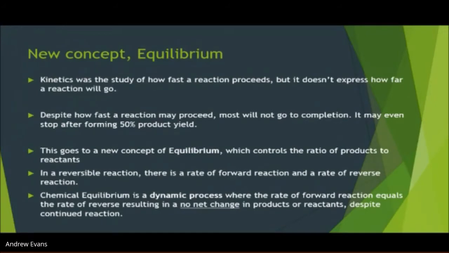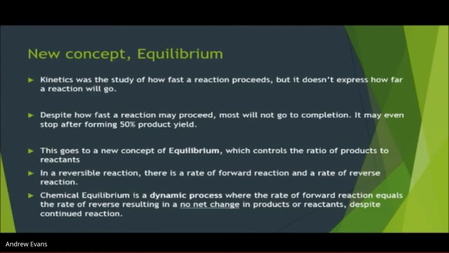Essentially, the forward reaction starts fast, and as the reaction proceeds, it slows down till it levels off. And the reverse reaction will start at almost none because there are no products, and it'll build up until it levels off. And the idea of equilibrium is the point when there is no net change in products or reactants.